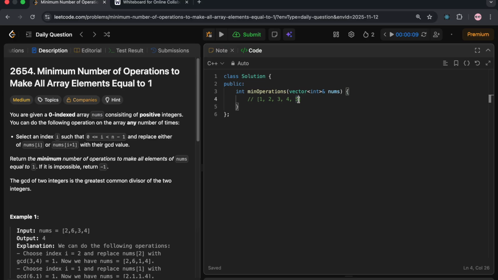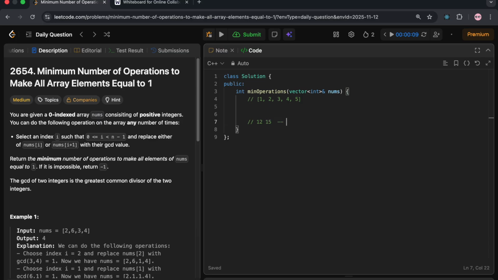So what is GCD? GCD is the greatest common divisor of any two numbers. It is the greatest number which divides both the numbers. For example, take 12 and 15.